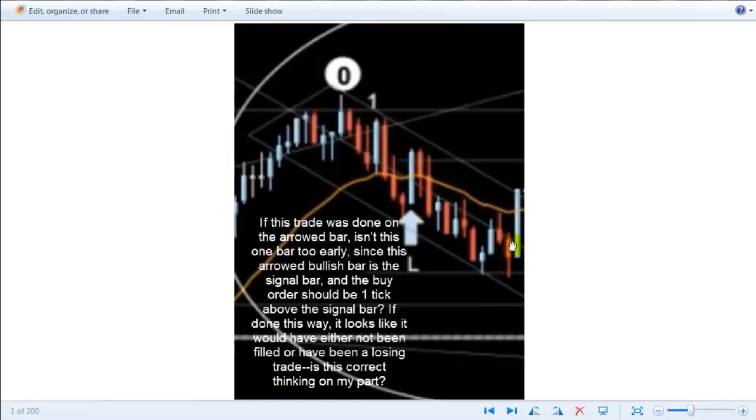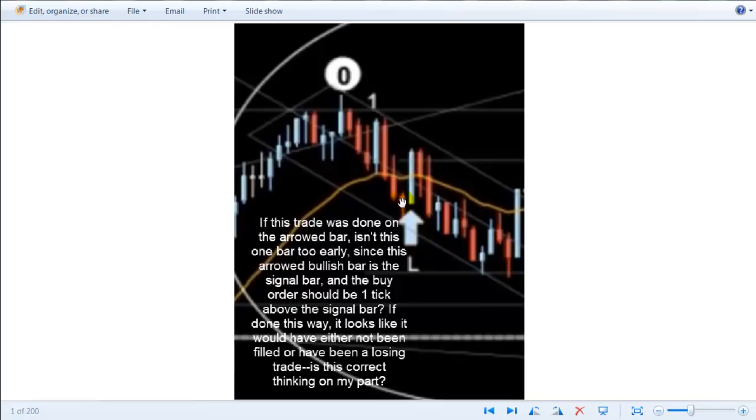Sometimes people think that because that bar is not good enough, if the next one beside it is good enough, then that's your signal bar. That's what this trader is thinking: since this bullish bar is the signal bar and the buy order should be one tick above that bar, it looks like it would have been filled. Well, that's not the way it works.